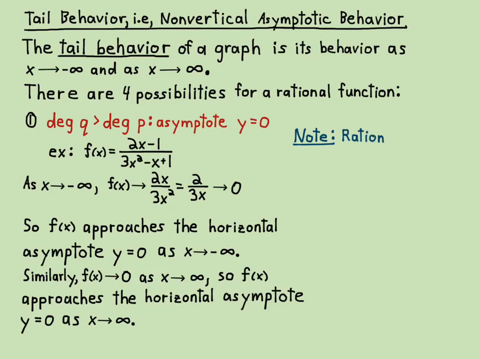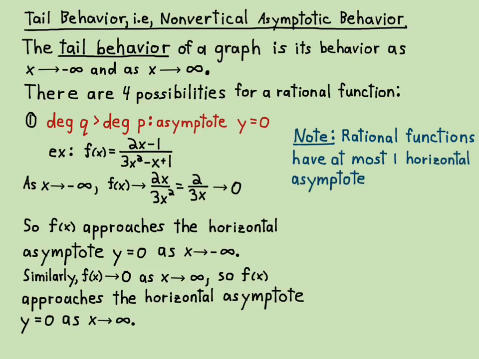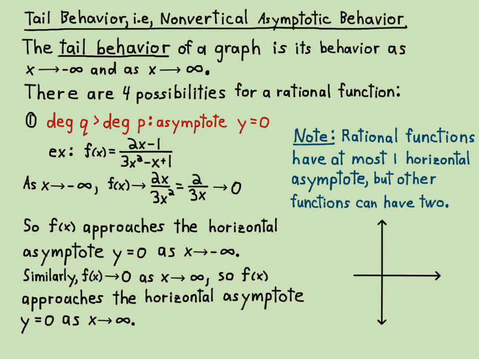So rational functions are kind of nice this way. There are other functions that don't do this. So it's a special property of rational functions. Rational functions have at most one horizontal asymptote, but other functions can have two. And this is not a rational function. This is some other function that I just made up a graph for. It's obviously a function. It passes the vertical line test.